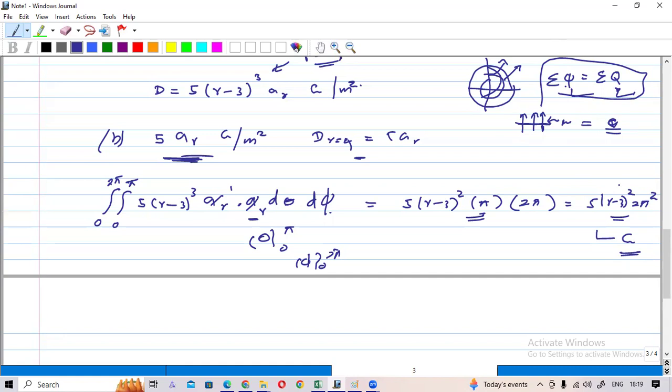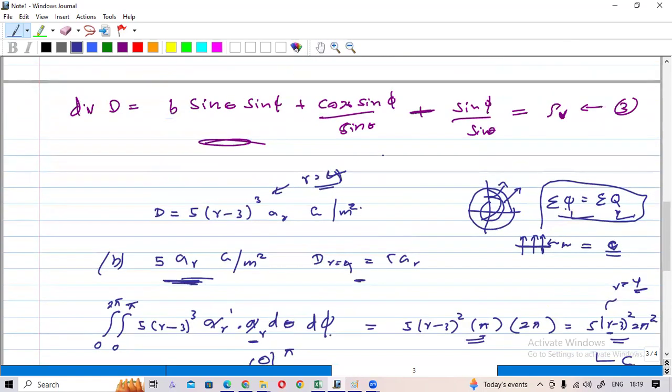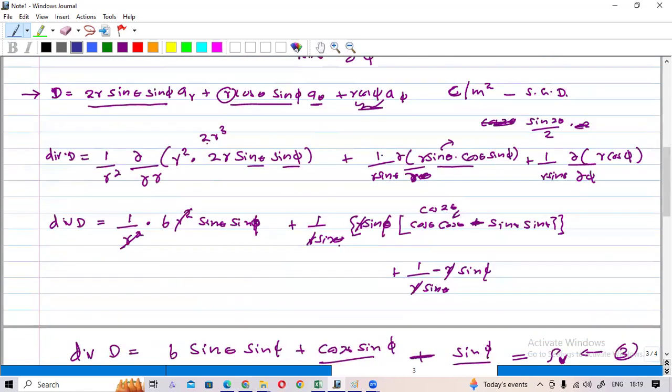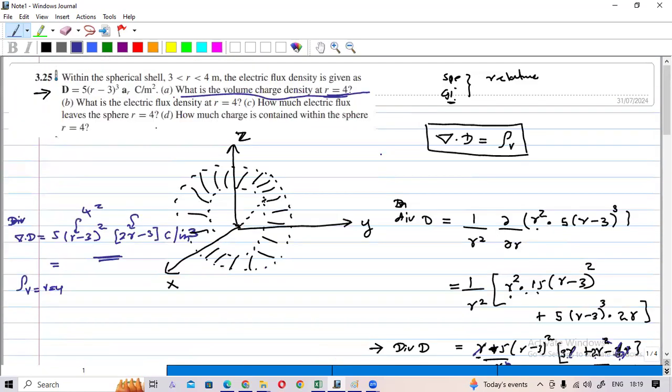So here R is equal to 4, so you can apply R here. Again, you will have 10 pi squared. That is the answer. I think that is not a very difficult question, it's somewhat simple.